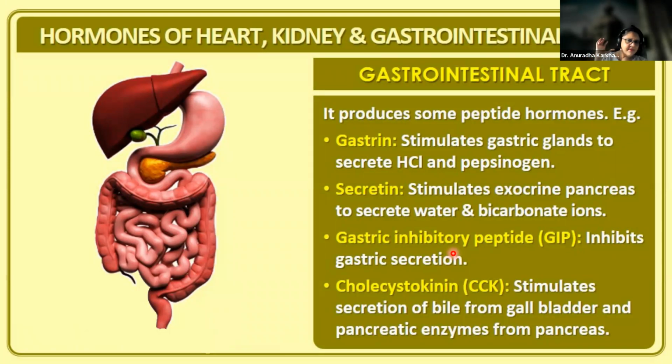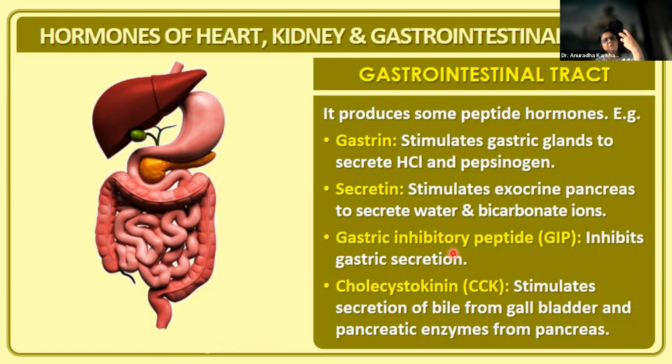GIP. Correct? Why will GIP start synthesizing? You know now, the food has entered the small intestine. So there is no food in the stomach. Then why unnecessarily make the gastrin hormones? Stop its production. So GIP will take care of it. And cholecystokinin, that is CCK, stimulates the secretion of bile from the gallbladder and pancreatic enzymes from the pancreas, which will further help in digestion. So these four are not glands. There are no glands over here synthesizing these hormones.